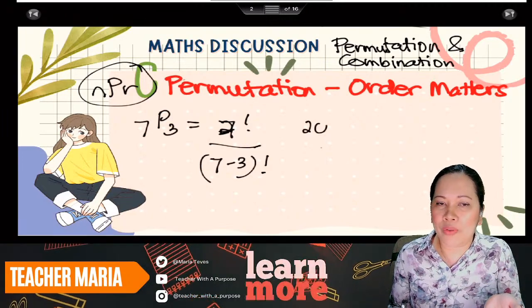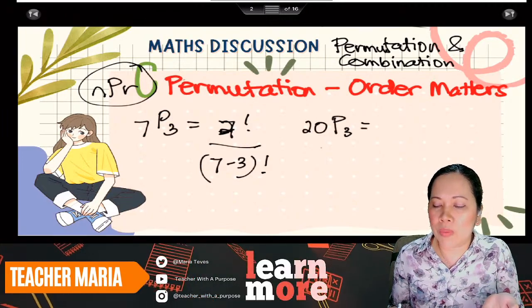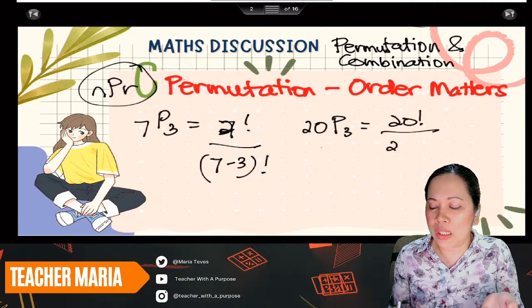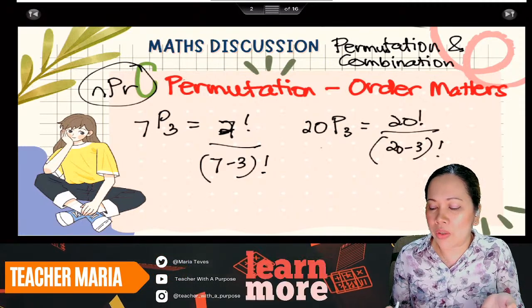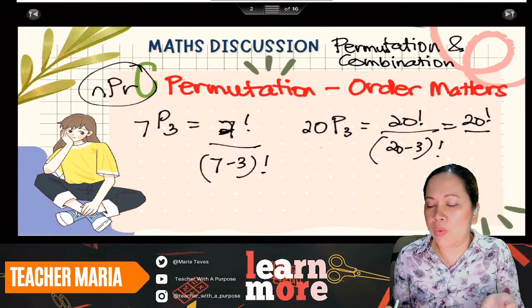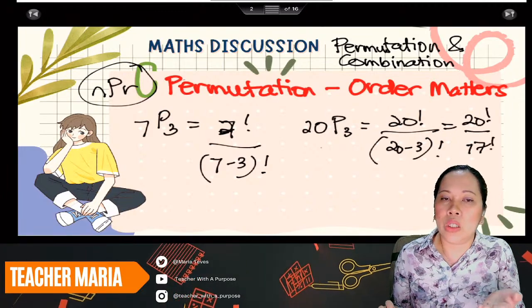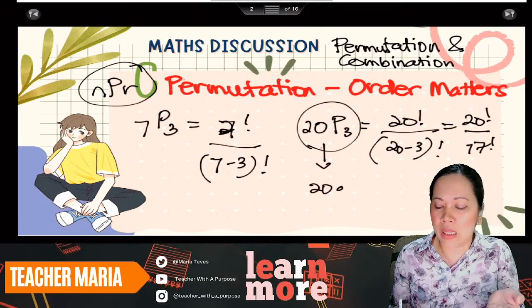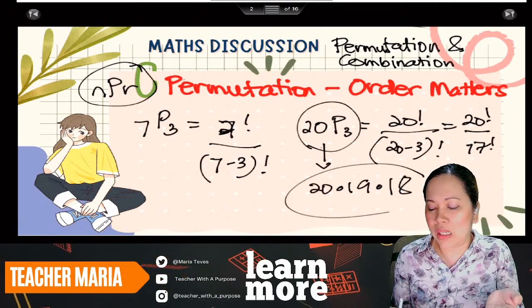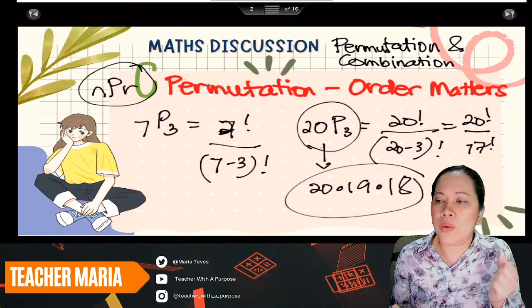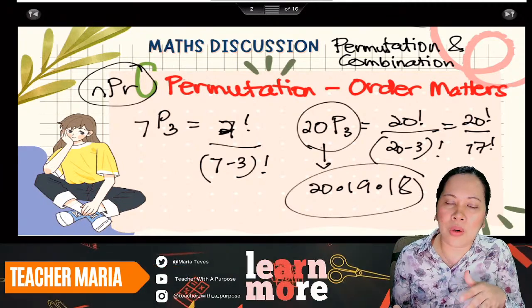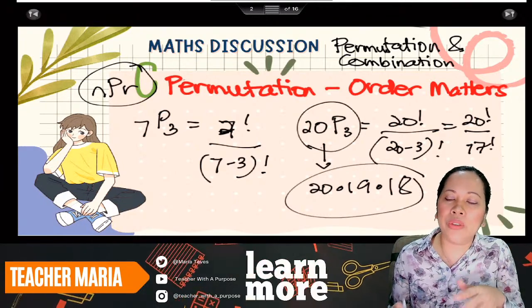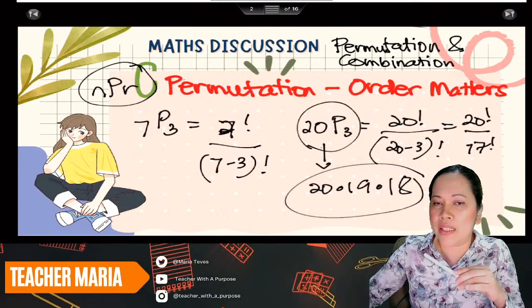Another example, you have 20P3, so this will be 20 factorial over 20 minus 3 factorial, or that's 20 factorial over 17 factorial. So the other way of doing this as well will be 20 times 19 times 18. Okay, so that is how your factorial notation for permutation is.